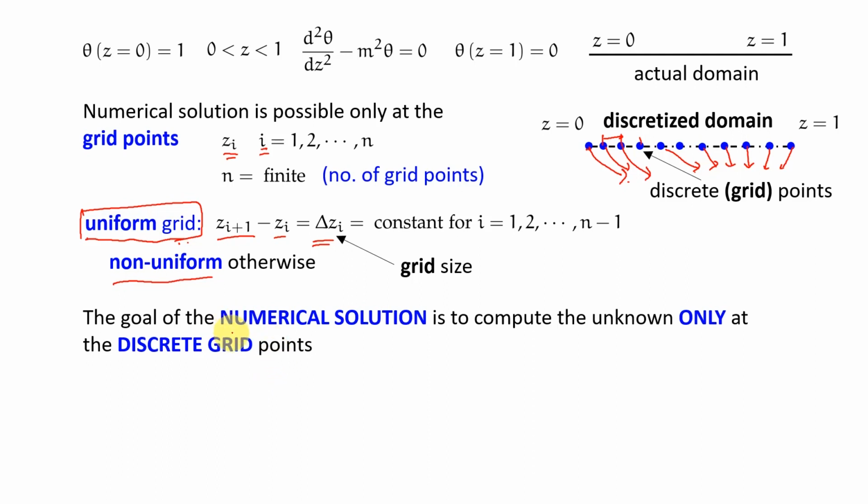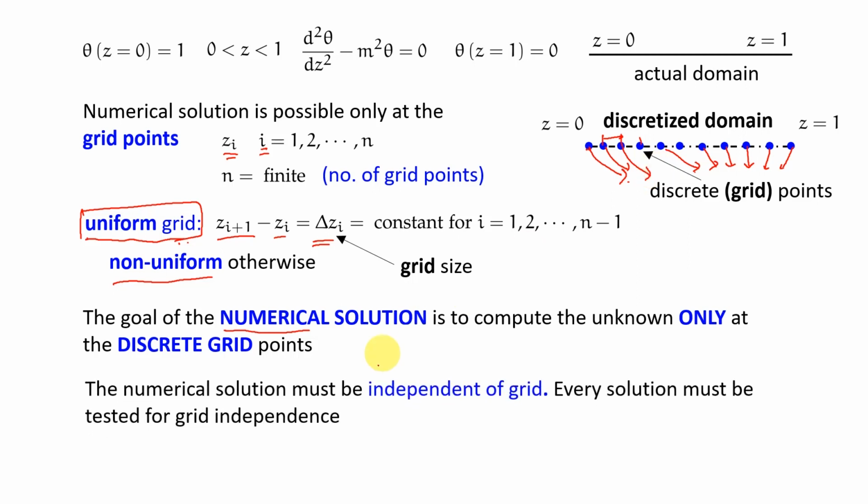And as we have discussed, once we decide the grid, we will have our numerical solution only at these discrete grid points, not in between the grid points. If you want the solution in between the grid points afterward, we have to carry out appropriate interpolation over these grid points. At the end, our numerical solution must be independent of the grids that we are taking. The grids are an artificial construct. You can see in the original equation and boundary condition, there is no such thing as grids.